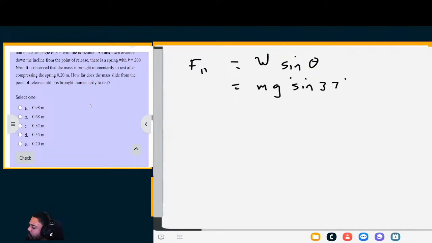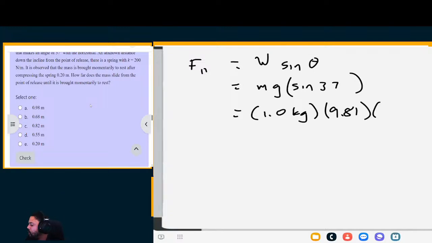The mass of the block is 1 kilogram, 9.81 meters per second squared is the acceleration, and then the sine of 37 degrees. That is your parallel force, which is 5.89 Newton.